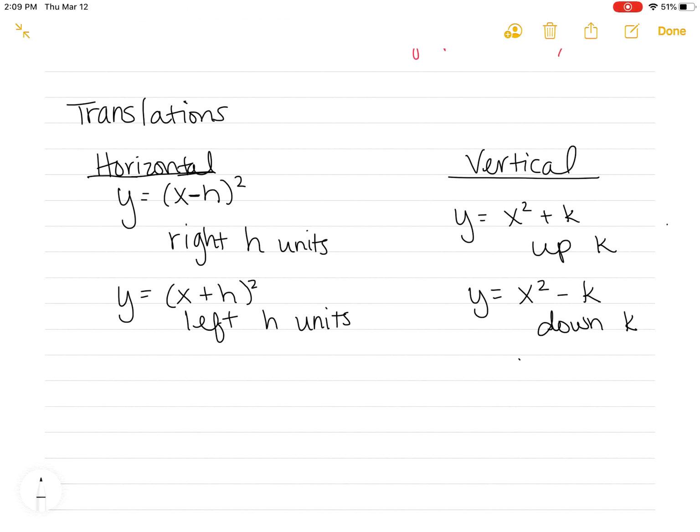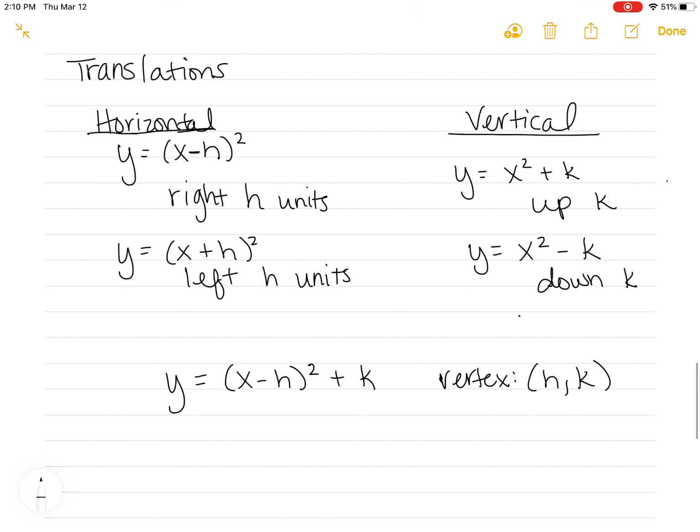So if we look at them together, if I have y equals (x minus h) squared plus k, that's going to move your vertex h units to the left or right, and then k units up or down, and so your vertex will be (h, k), okay? And remember that that sign will always change. So if it's minus, it'll be positive, and if it's positive, it'll be negative.